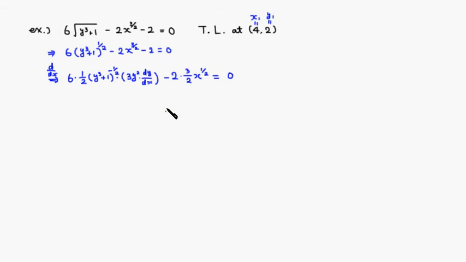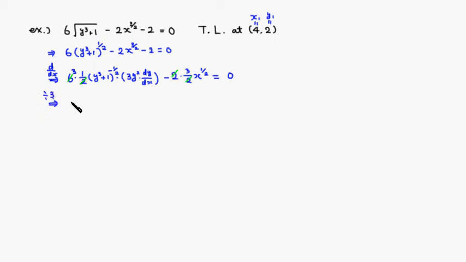Then let's clean up a little bit. You have 2 on top and 2 on the bottom, so you can cancel those. There's a 2 here and a 6 there, so that becomes 3 left over. Another thing we can do is, everything seems to have a 3, so I'm going to divide through by 3.